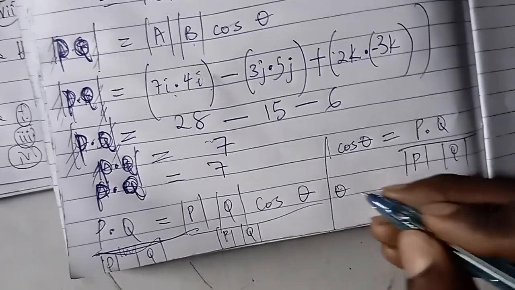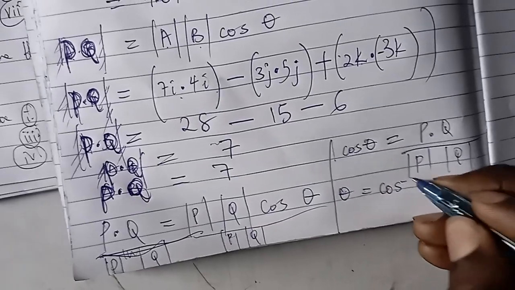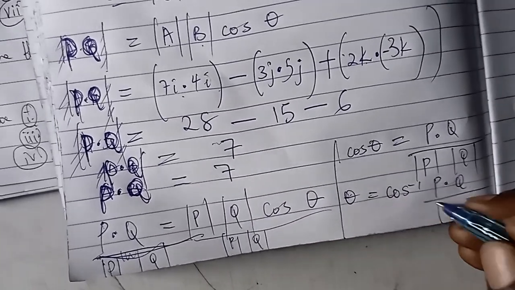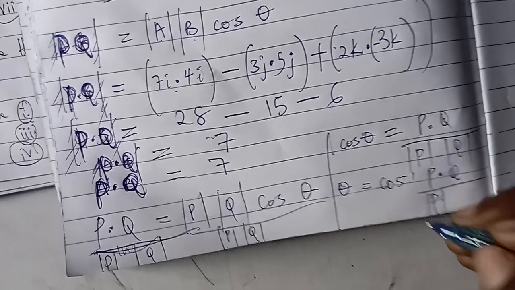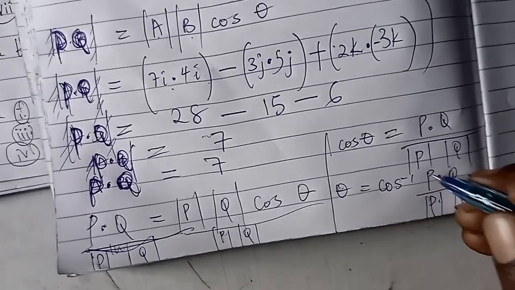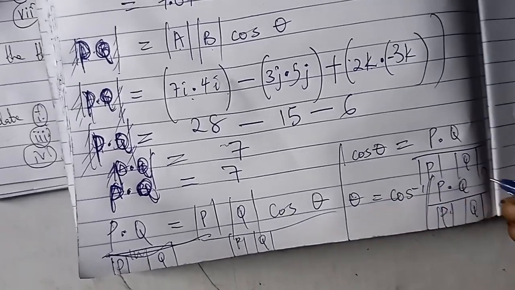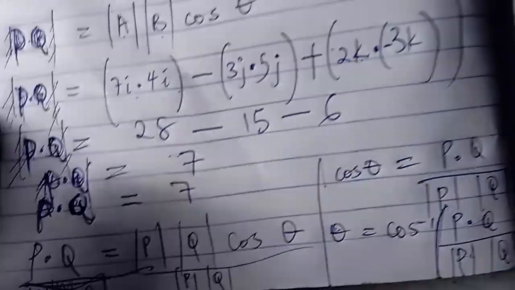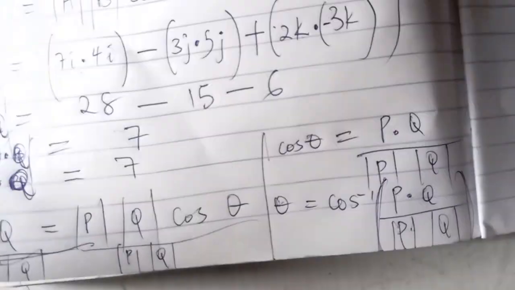So theta equals cos inverse of P dot Q all over P magnitude Q magnitude. Substitute the values of P dot Q and the magnitudes of P and Q, and you get your answer.